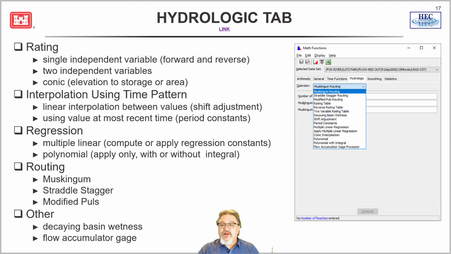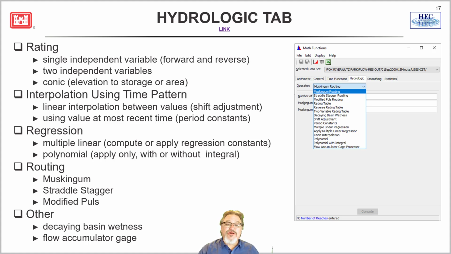If there are, we provide a way to take the data and utilize it. And also decaying basin wetness. I think we probably have within our hydrologic tools way better methods of doing stuff than that. But if it's there and you have been using it and you need it, it's there. If you don't know if you need it or not, I'm going to guess you probably don't.